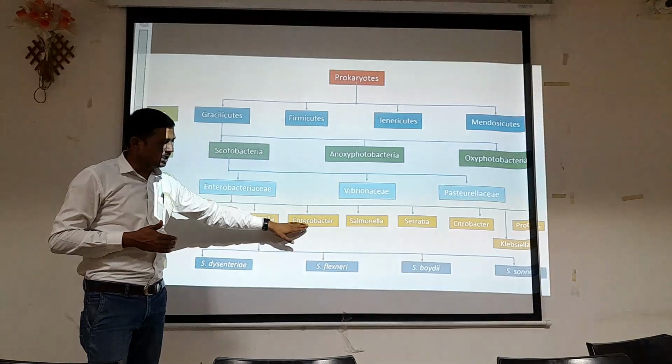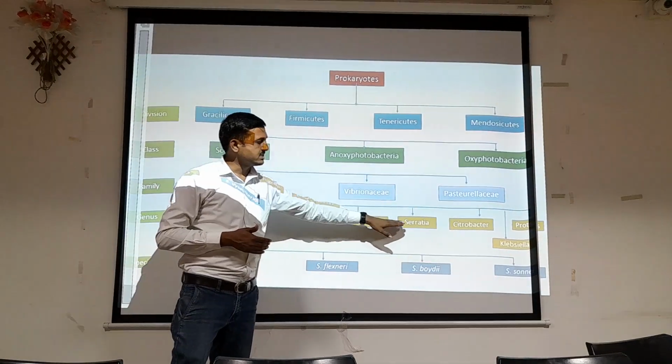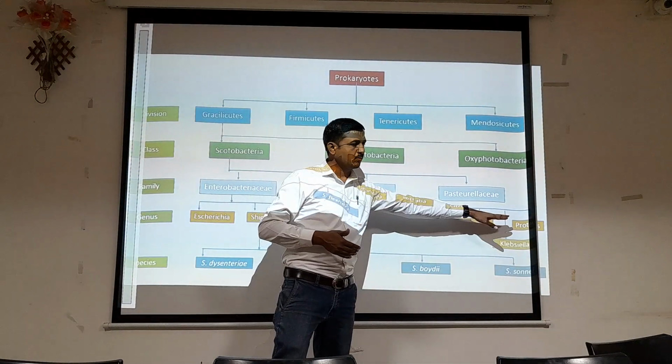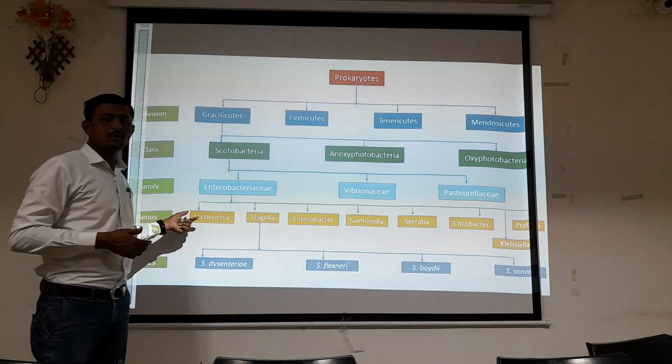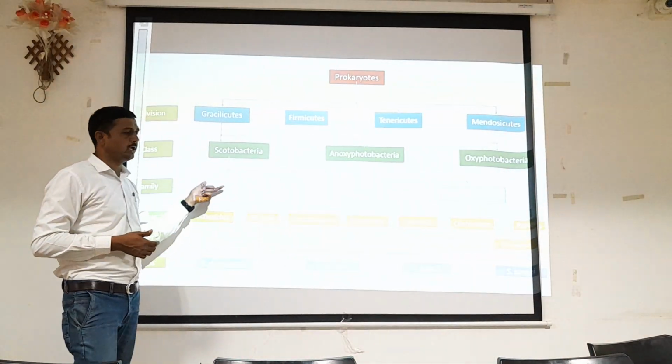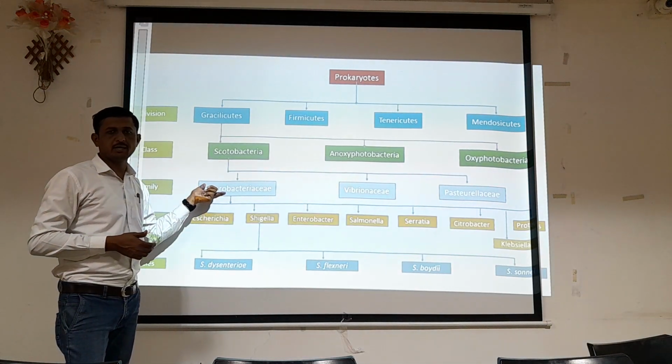The others are Shigella, Enterobacter, Salmonella, Serratia, Citrobacter, Proteus and Klebsiella. These are the genera included in the family Enterobacteriaceae.